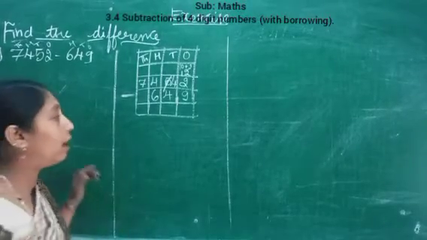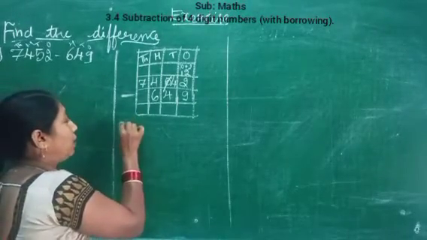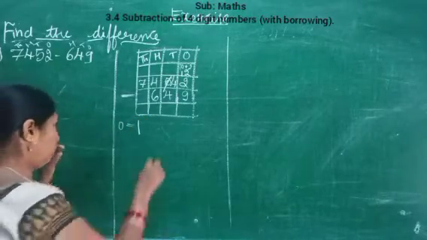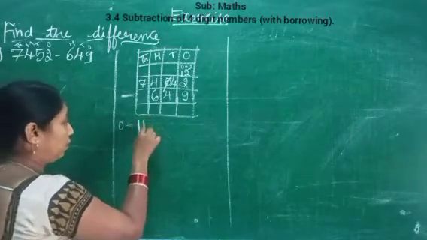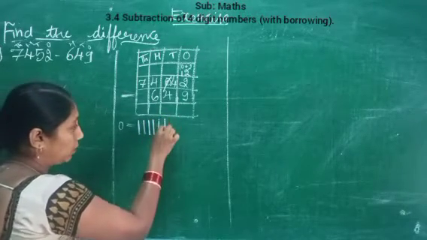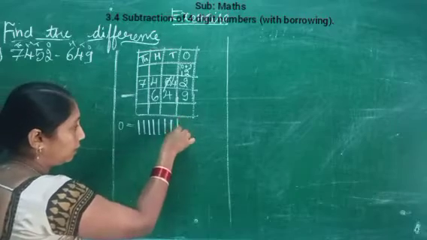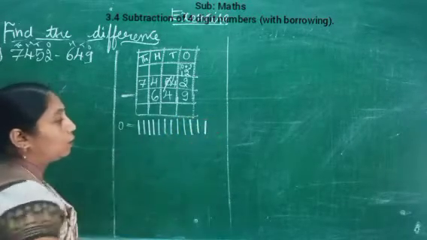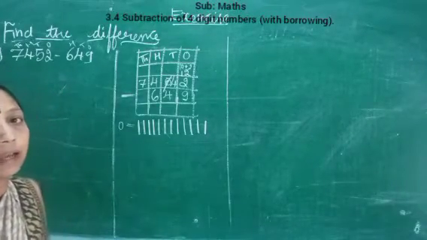So we draw 12 lines in the ones place. Say with me: 1, 2, 3, 4, 5, 6, 7, 8, 9, 10, 11, 12. We draw the 12 lines.